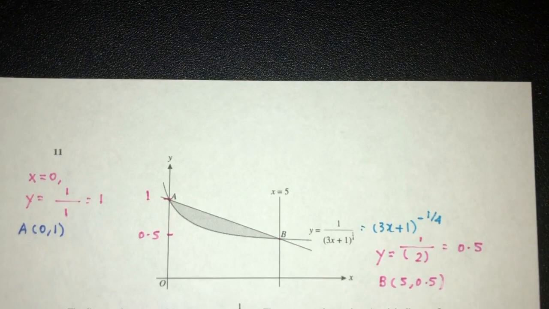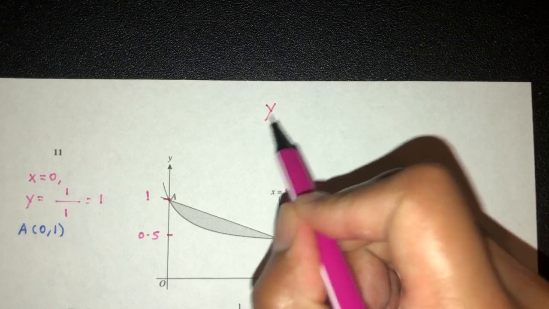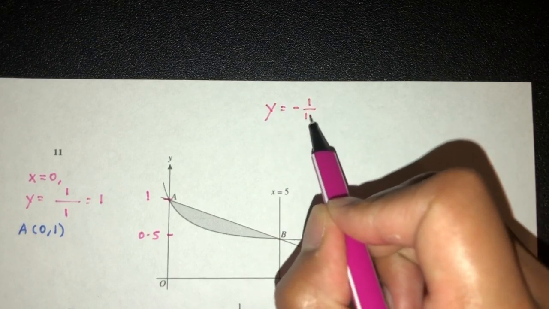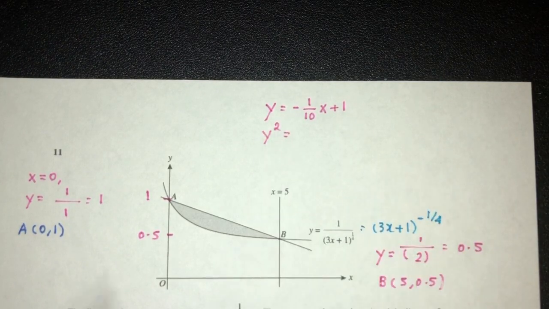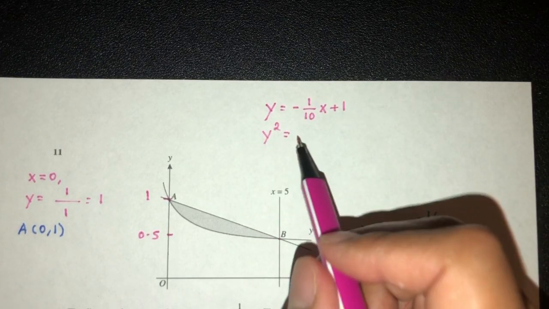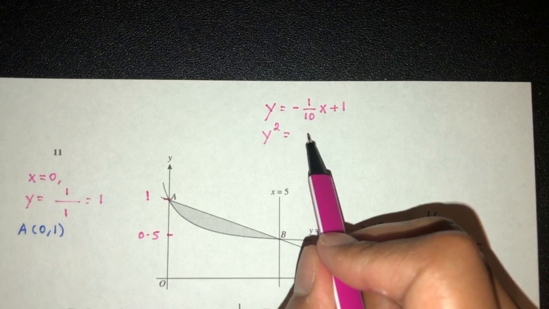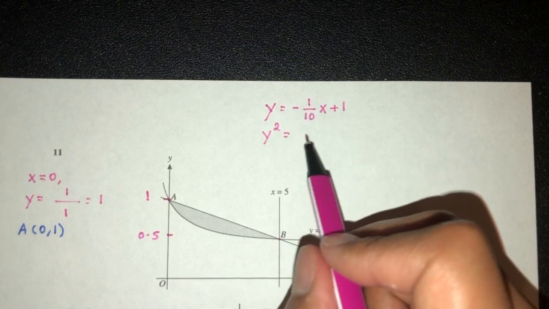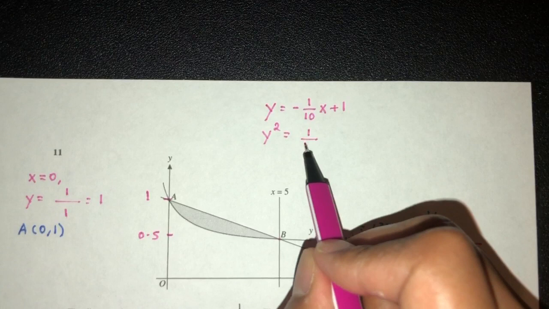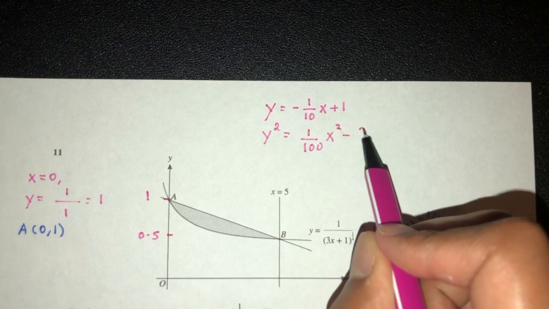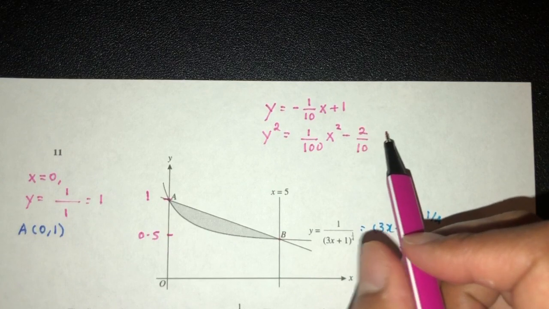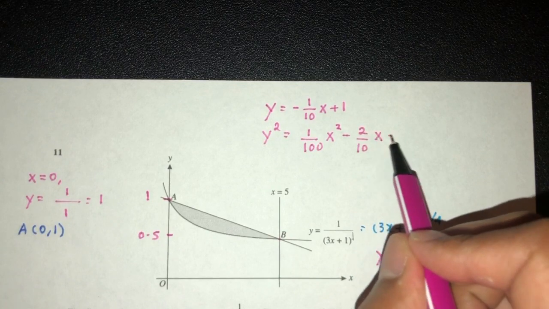So what is y squared for the line? The line is y equals minus 1 over 10 x plus 1. But what is y squared? Of course, square this one. That should be 1 over 100 x squared minus 2 over 10 x plus 1.